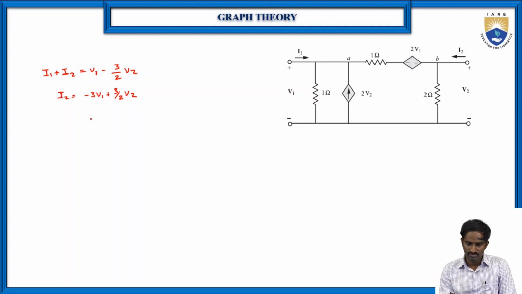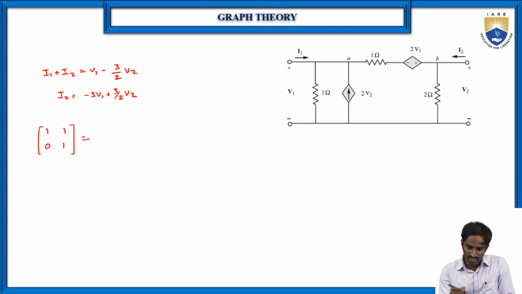Then if you write these equations in matrix form, the left hand side has I1 and I2, and the I1 term in the second equation is 0. So the left hand side 2 by 2 matrix is 1 and 1, and since there is no I1 term, 0 and 1.